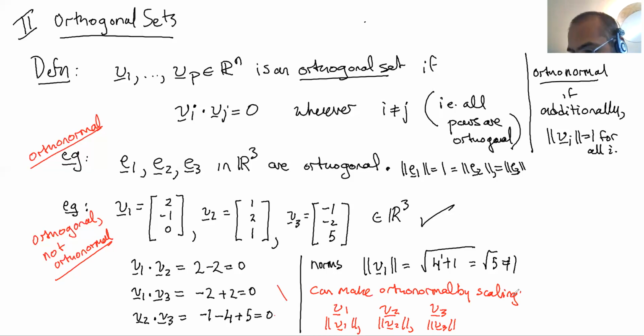So that's an orthogonal set. Now I want to connect this to one of the key concepts we learned about in the course so far, which is linear independence. So let's prove an important theorem.